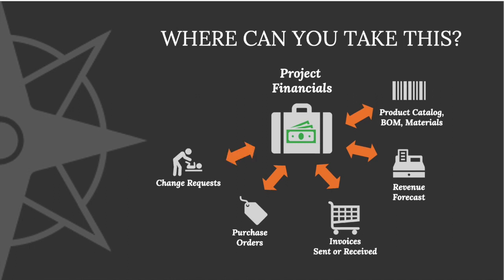You can do change requests. And by the way, that's not the official change request icon, but I think it probably should be. And then finally, you can also extend this out to risks and look at contingency and how the potential cost impact of risks can impact your project and what kind of contingency you should have from a budget perspective. And these are just a few ideas on where you can take this amazing solution.